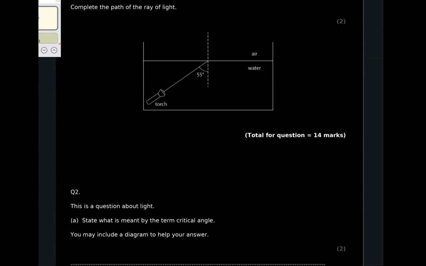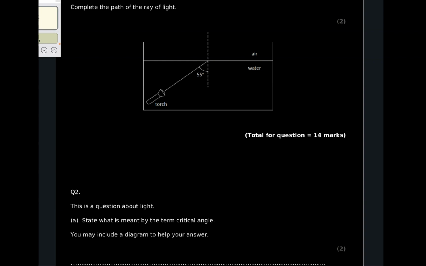Now, when this ray of light is moving from water to air, for instance, in this case here, we have 55 as the angle of incidence. If this angle of incidence is 55 and it's more than the critical angle, then in that kind of scenario, refraction will not take place, but total internal reflection will occur.